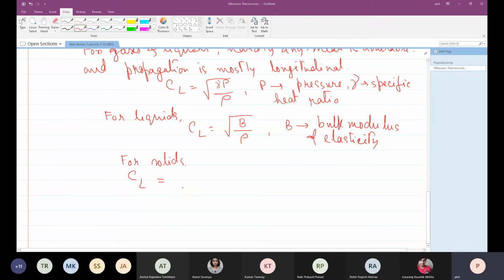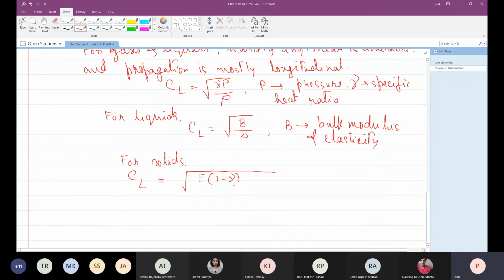The longitudinal velocity for solid is given by the Young's modulus.